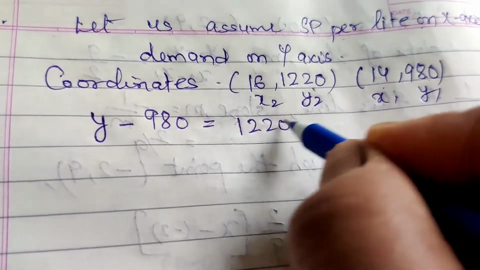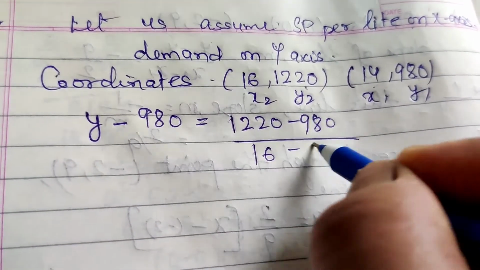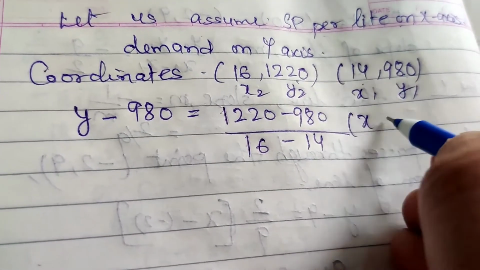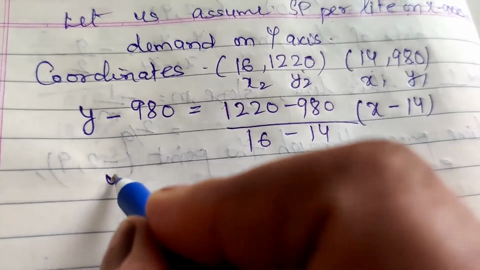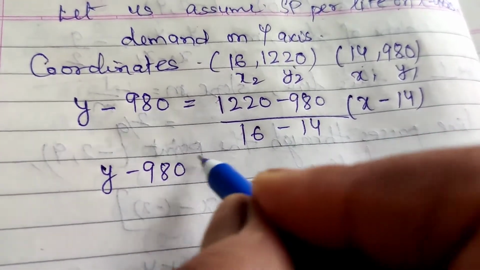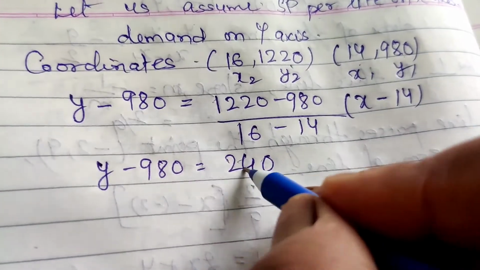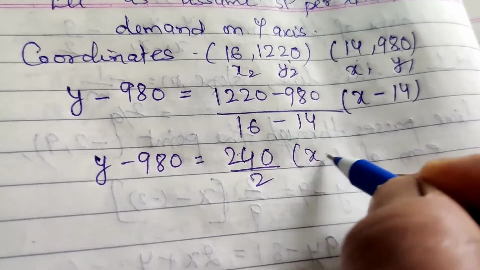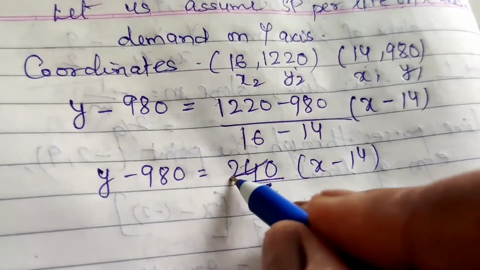1220 minus 980 upon 16 minus 14, and x minus 14. Okay, now solve. Y minus 980 is equal to 240 by 2, x minus 14. It is equal to 120.